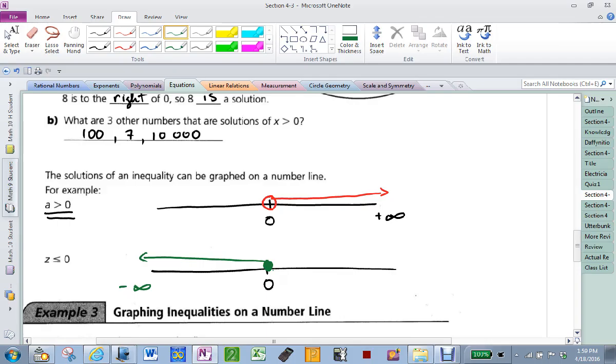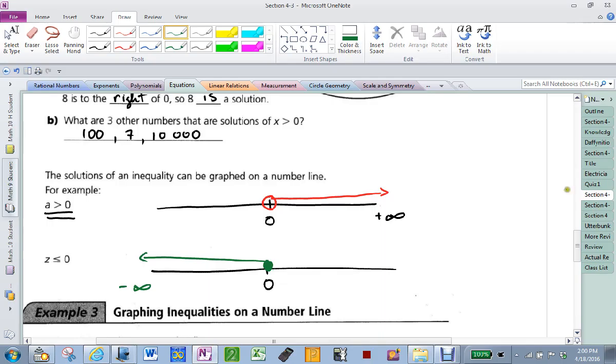Is 0.000000000000001 allowed on the red line? Yes. Is 0 allowed on the red line? No, because 0 is not greater than 0. 0 equals 0. It's nothing. Does everyone understand?